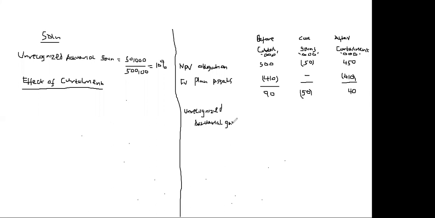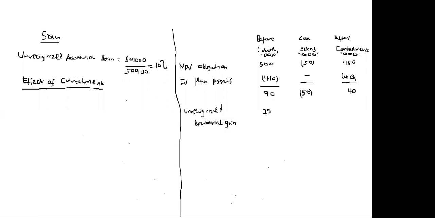If you look at our problem, for those who have not yet downloaded the problem, we were told that the net cumulative unrecognized actuarial gain was 25,000 shillings. So that is 25,000. So we write 25. Remember, our values here are in terms of thousands.